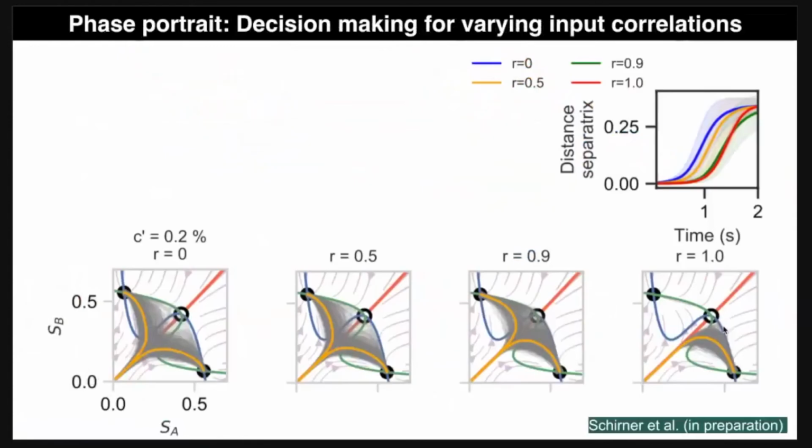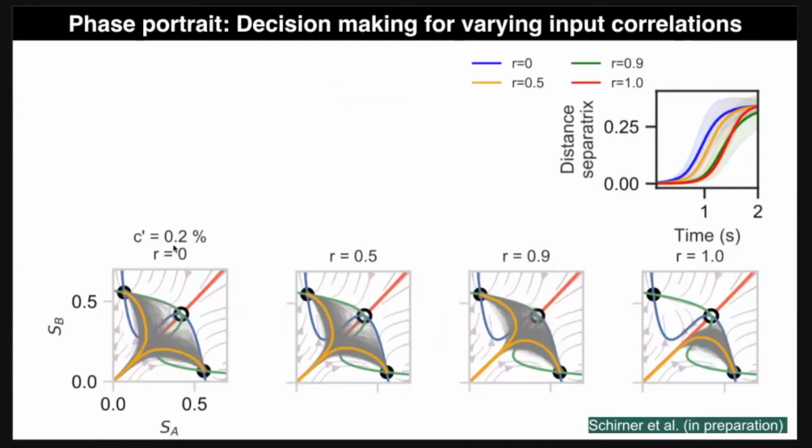So now these are interesting observations, but we want to really understand the laws and the rules that lead to these observations, and this is possible by using approaches from dynamical systems theory. So here you see the phase portrait in the lower row for 4 different network input correlations, ranging between 0 and 1, maximum correlation in the network. We also see the contrast that has been used for these simulations.